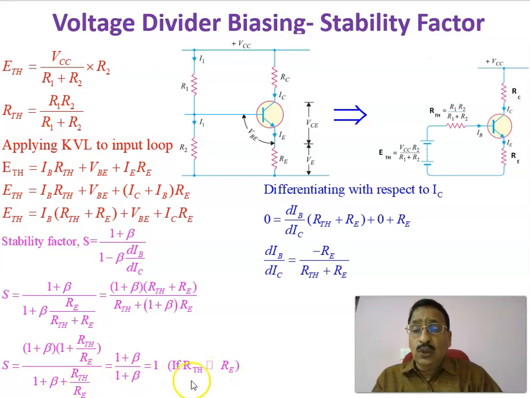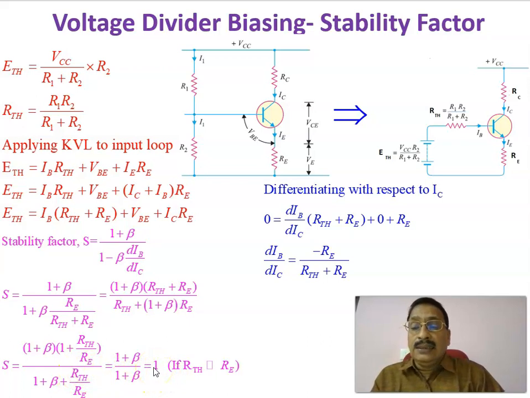If you assume that RTH is very small compared to RE, then you can neglect these terms and get (1 plus beta) divided by (1 plus beta), so the stability factor is near to unity provided RTH is very small compared to RE.